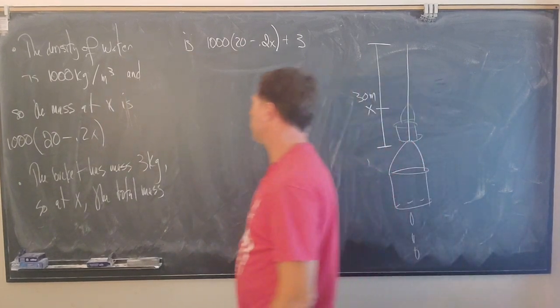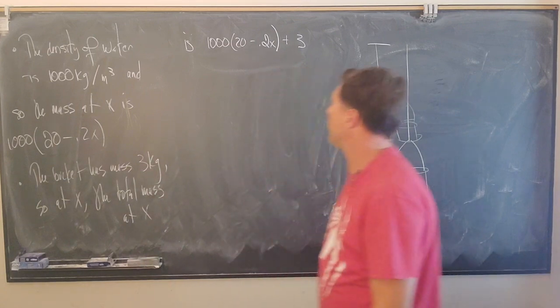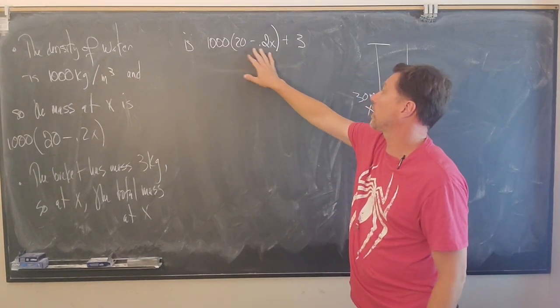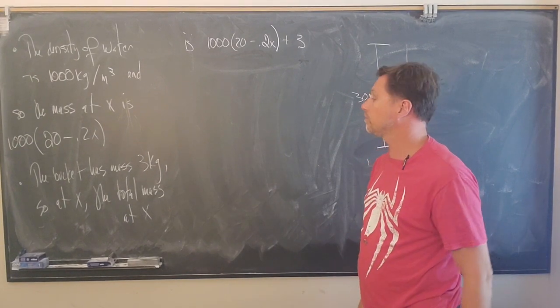And I should say the total mass at x is 1,000 times 20 minus 0.2x, there's the water, here's the bucket, right? Add those together, that gives us total mass.